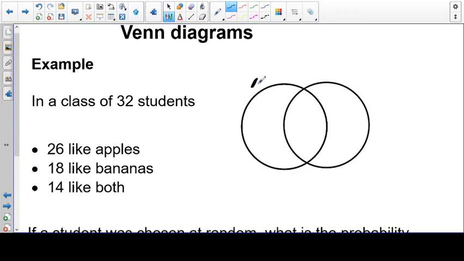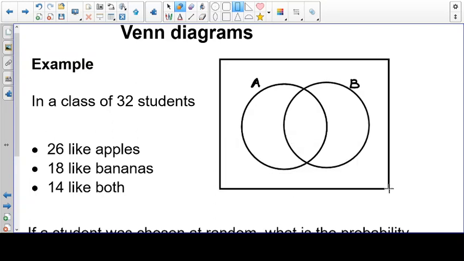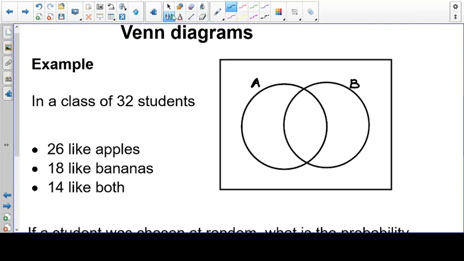So A is the event that they like apples, and B is the event that they like bananas. And then we put a rectangle around the Venn diagram so that the whole thing is the sample space. The whole thing will show all possible outcomes, including those that don't like either apples or bananas.